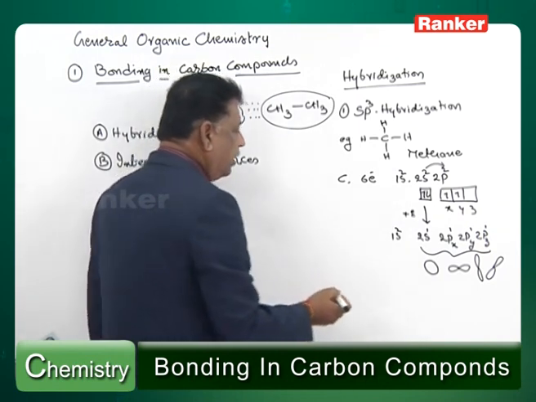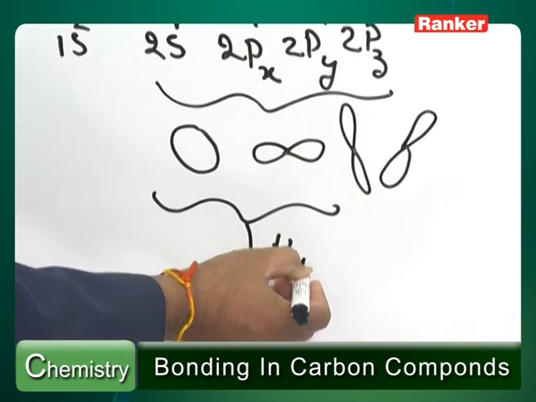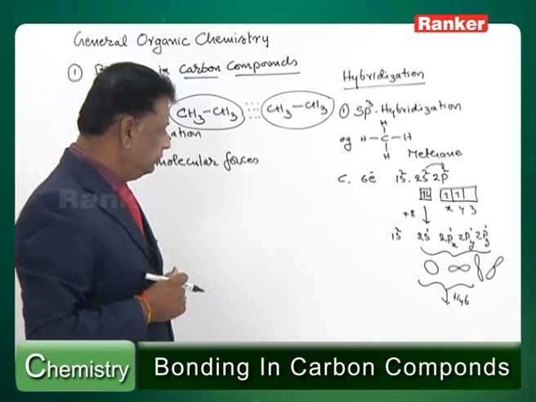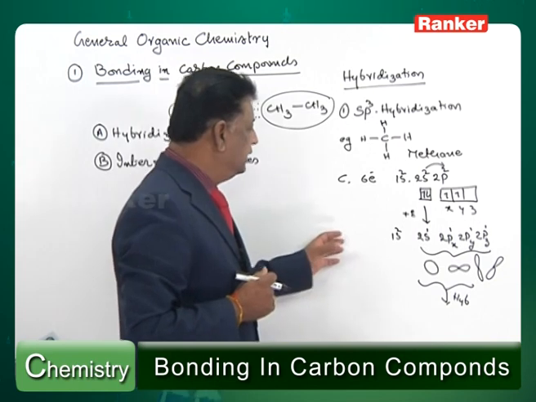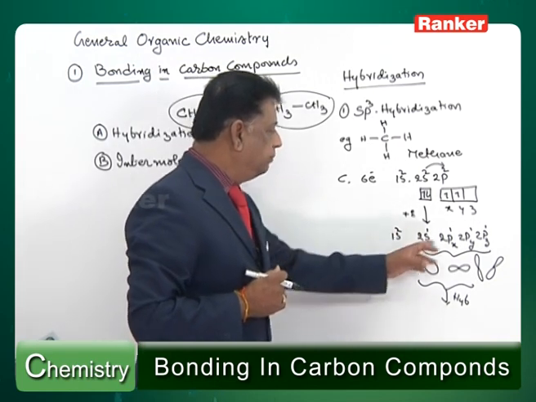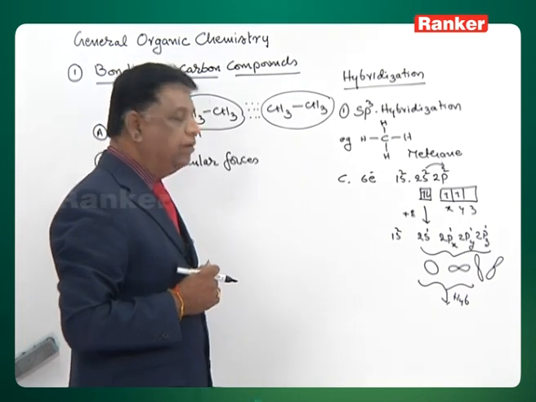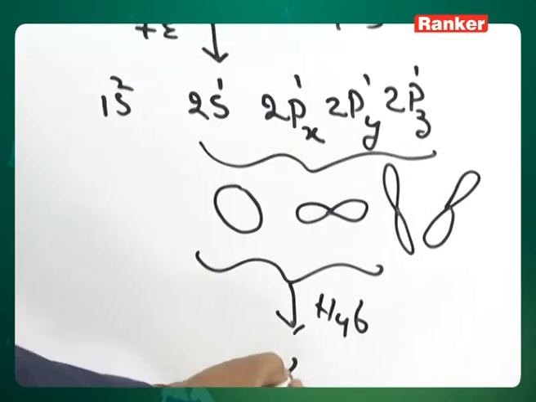How do these identical properties, which are not exactly there before bond formation, come about? We propose a theory called hybridization. In hybridization we have a set of rules. As simplified here, the first rule is that the number of hybrid orbitals produced equals the number of orbitals involved, that is 1 plus 3, 4 hybrid orbitals.